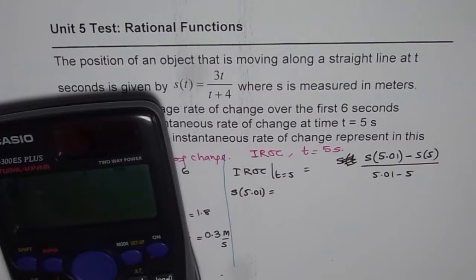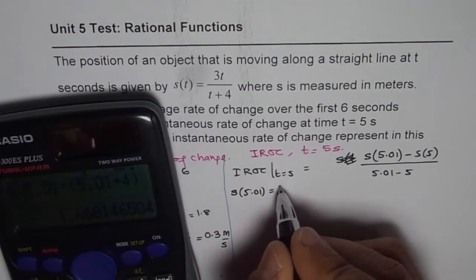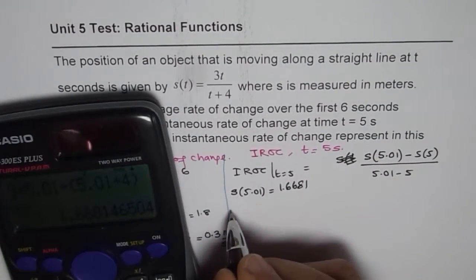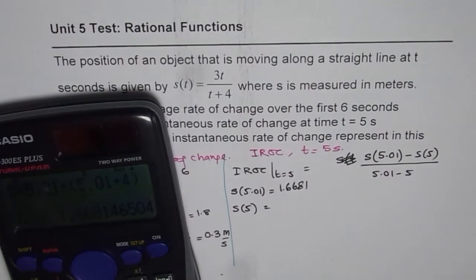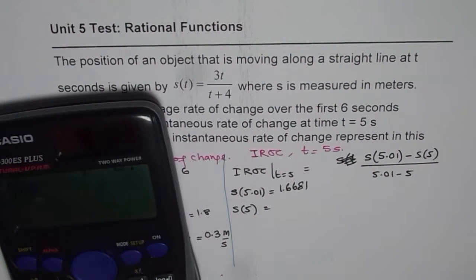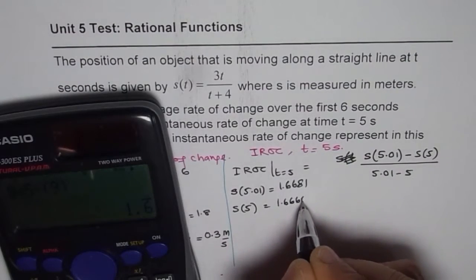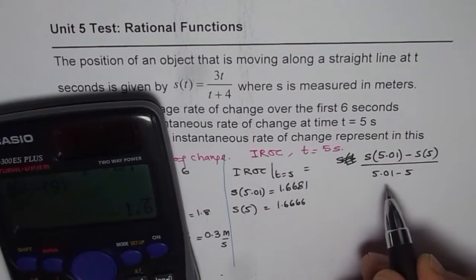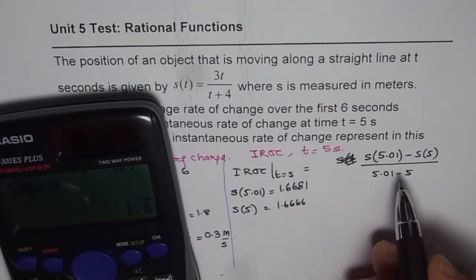So it is 3 times 5.01 divided by, within brackets, 5.01 plus 4, bracket close, equals 1.6681. Let's find s of 5 using the same formula. So 3 times 5 divided by, within brackets, 5 plus 4, which is 9, and that is equal to 5 over 3, which is 1.6666 recurring, correct? If you use the formula, you can use the calculator to be more precise.